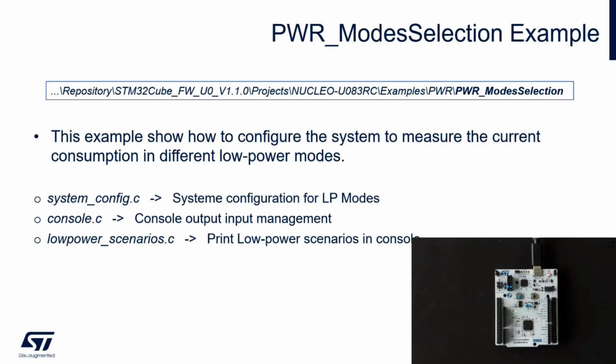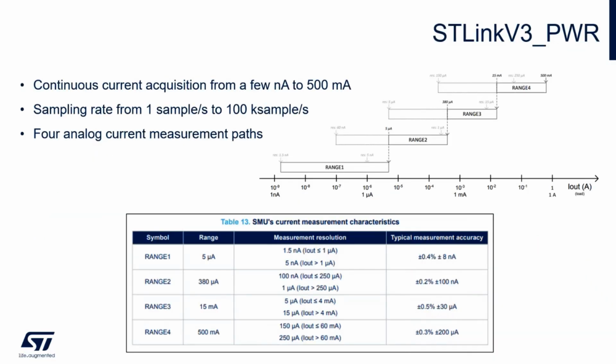So let me come back to my presentation to introduce the STLink V3 power and the way that we will measure the consumption. The STLink V3 power we will use to measure the consumption has several ranges that change automatically to have the best acquisition and the best accuracy possible. So we'll be able to measure current consumption from a few nanoamps to 500 milliamps.